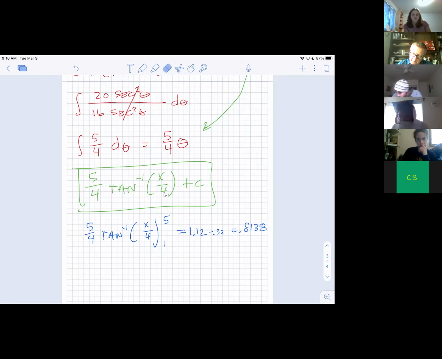Maybe I'll write, just so it looks a little better in the notes, 0.32, I rounded, it was really 0.316. So when I subtract it correctly to 3 decimal places, I get 0.814. So now it's a little more obviously equal.